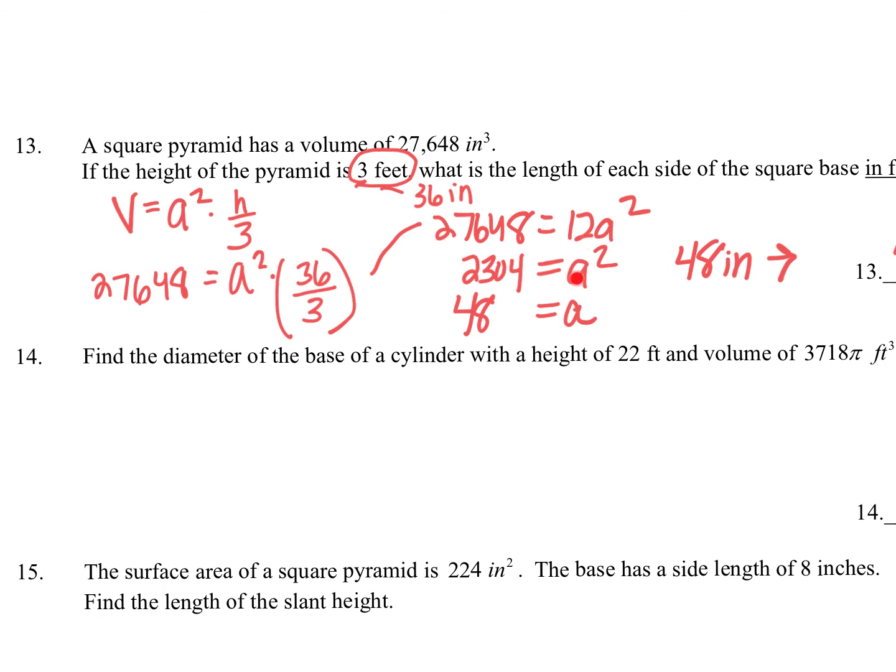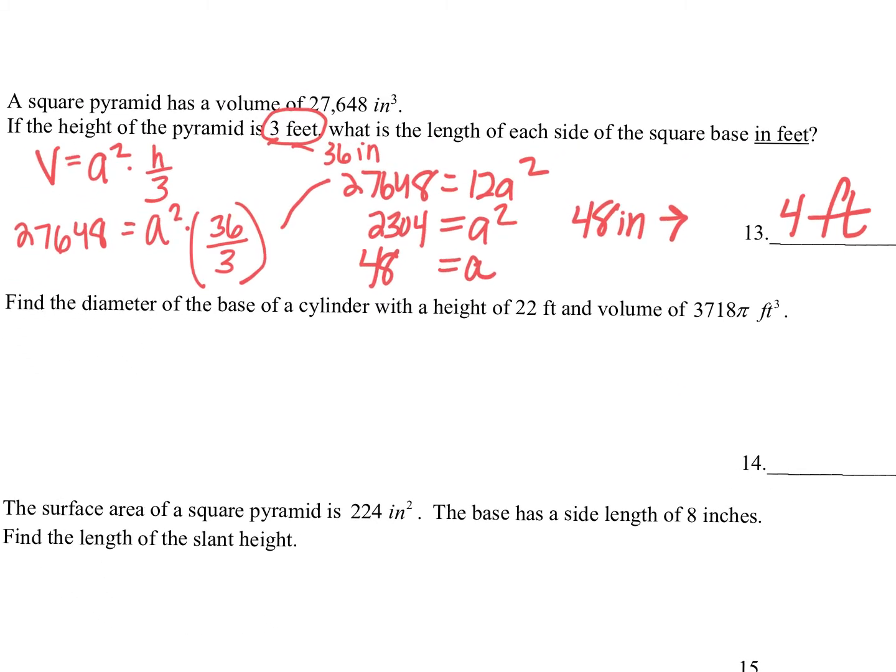We divide both sides by 12 and we get A squared equals 2,304. When we square root that, we're going to get 48. But remember that that 48 is in inches. And so if we take and convert that into feet, we have our answer of 4 feet.